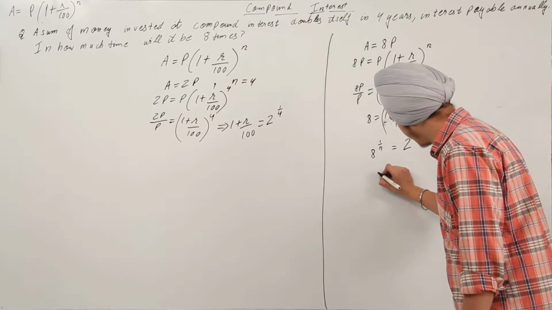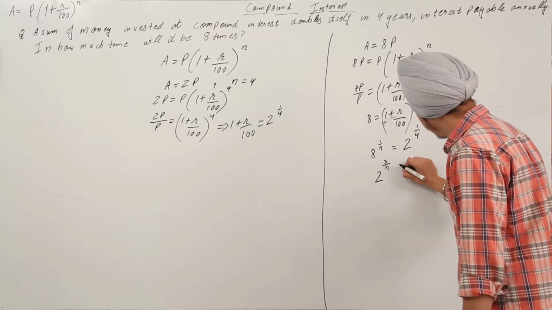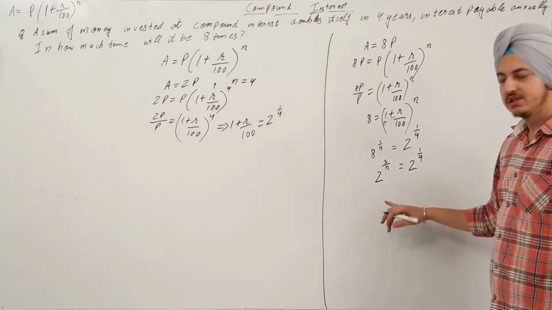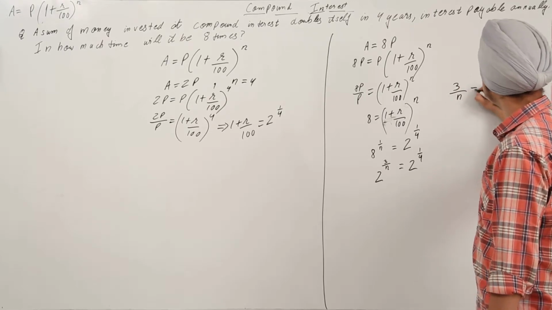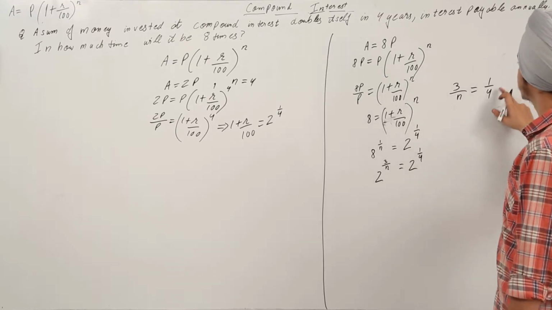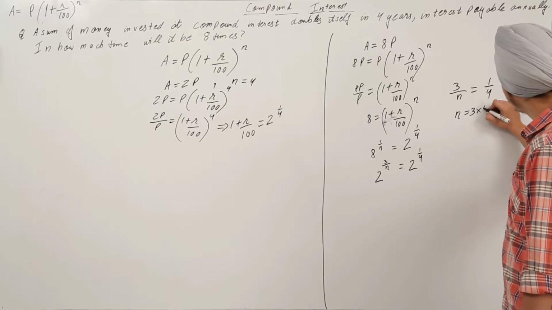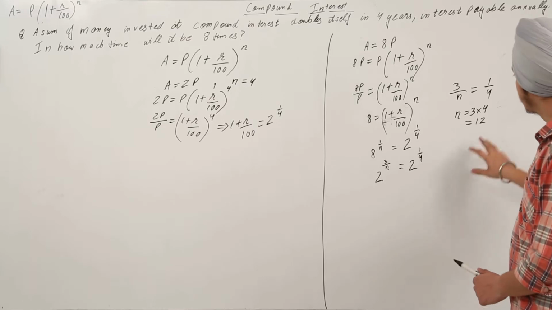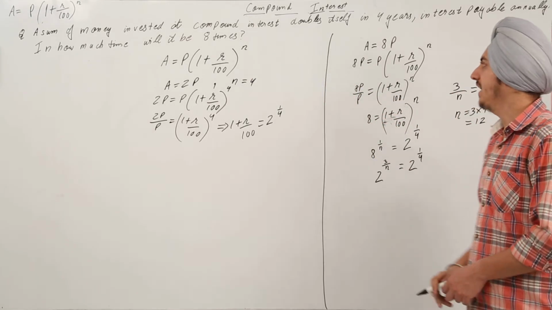So we put 2 raised to power 3 is equal to 2 raised to power n by 4. So according to this equation, 3 is equal to n by 4, which means n is equal to 3 multiplied by 4, which is equal to 12. So after 12 years, this money will become 8 times.